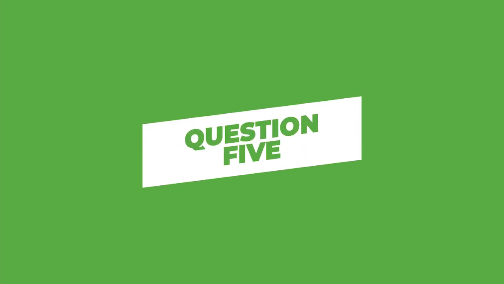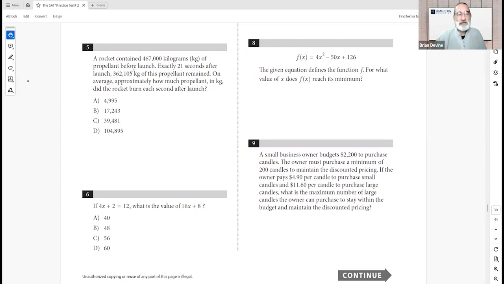Question 5. A rocket contained 467,000 kilograms of propellant before the launch. And then 21 seconds after the launch, it had 362,105 kilograms of propellant. And we want to know on average, approximately how much propellant did the rocket burn every second?